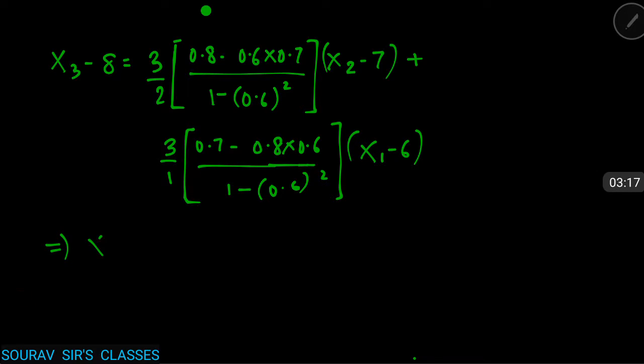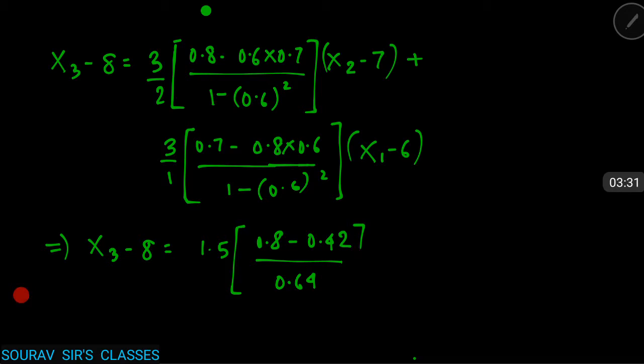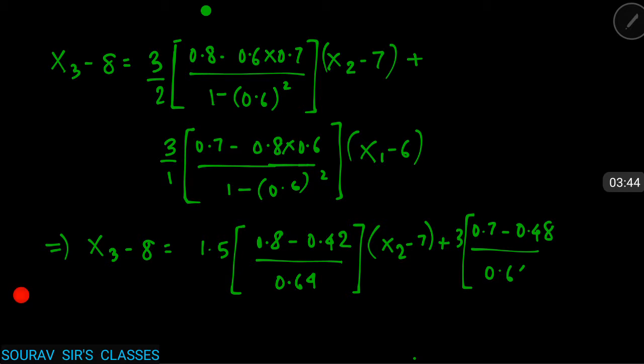This implies x3 minus 8 is equal to 1.5 into 0.8 minus 0.42 divided by 0.64 into x2 minus 7 plus 3 into 0.7 minus 0.48 divided by 0.64 into x1 minus 6.